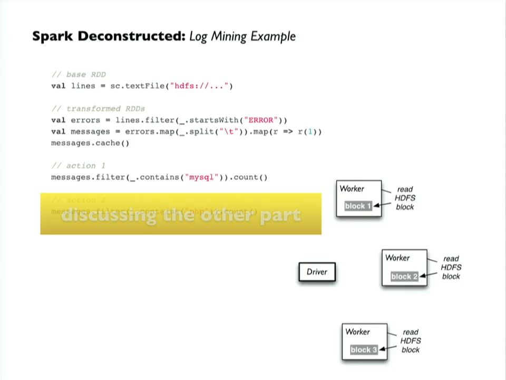At the next action, messages will essentially be created. That transformation will be applied, and that RDD is like a materialized view, if you will. But once it's created, it's never updated. They're immutable data.